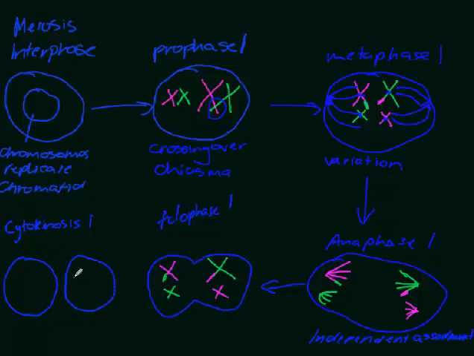They're pinched off here, and obviously this has been an animal cell, and our resulting cells will have half the chromosomes that they had before.